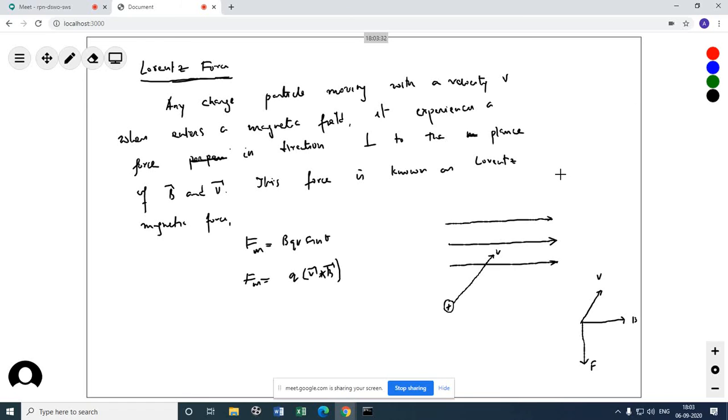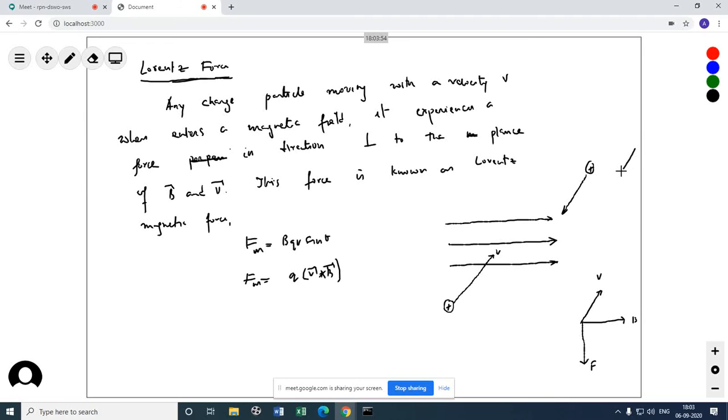And if another charged particle is entering the magnetic field this way, there's another plus particle. We'll see plus q and minus q. So this is v, the force will be upward.